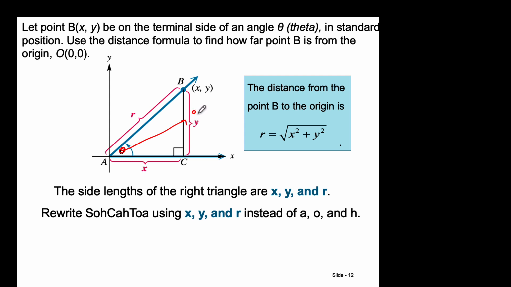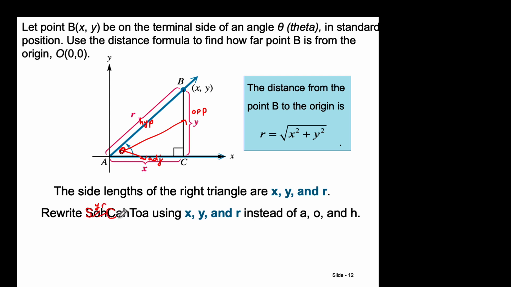So instead of O for opposite, we're going to change all the O's into Y's. The adjacent, we would have used A for adjacent, but we are not going to use A. We're going to use X wherever we see A's for adjacent. And instead of the hypotenuse, we're going to use R. Okay, so here we go. Look at this. SohCahToa. Sine is going to be not opposite over hypotenuse, but y over r.